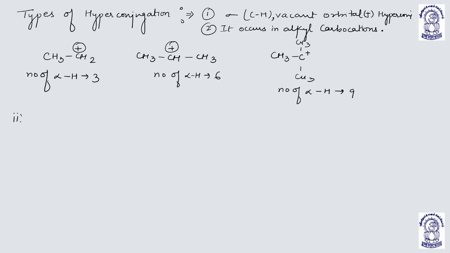Second type is sigma, meaning carbon-hydrogen bond, and pi hyperconjugation. It occurs in alkenes.